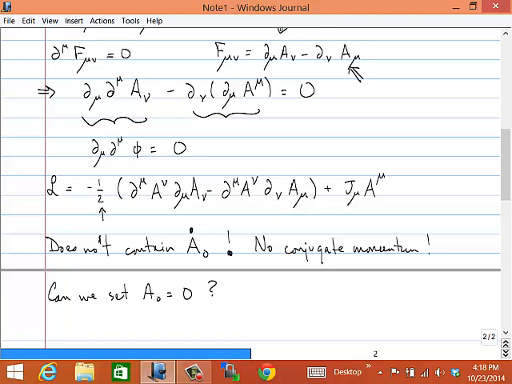So the Lagrangian is independent of the time derivative of A0. So you might think that you could just set A0 to 0 somehow. And indeed, the answer is yes. Okay. And in particular, one has to use gauge invariance.